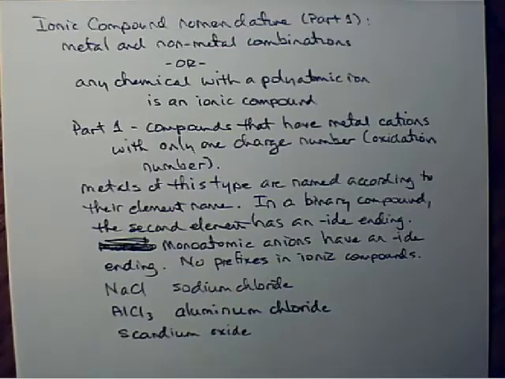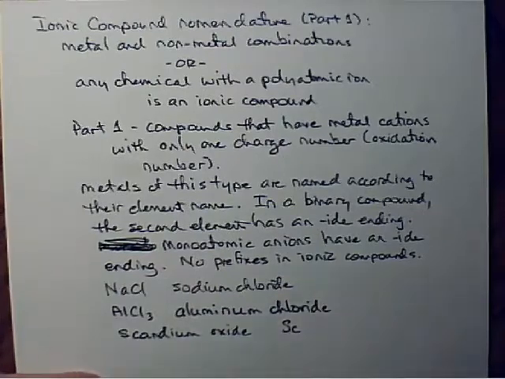What's the charge on scandium? 3 plus. What's the charge on the oxide? 2 negative. Oxygen is always going to be 2 negative unless we give it the name peroxide. Peroxides have a 1 negative charge. Oxides have a 2 negative charge. We want it to be neutral. Unless we tell you there's a charge on it, it's neutral.